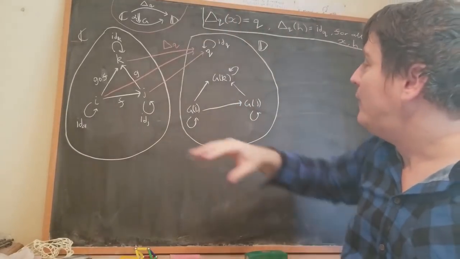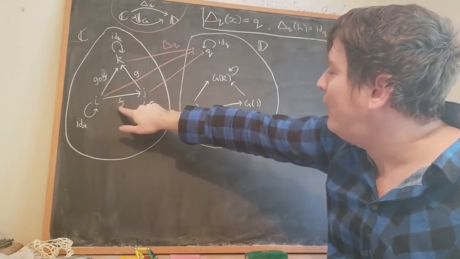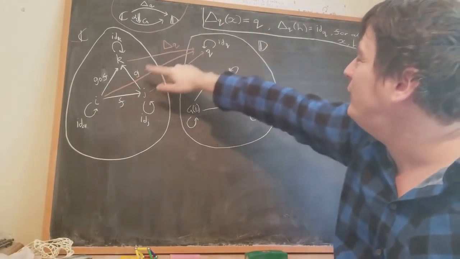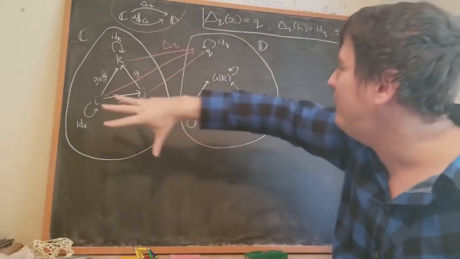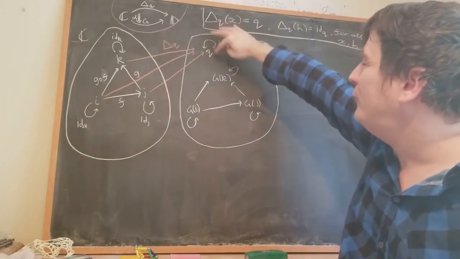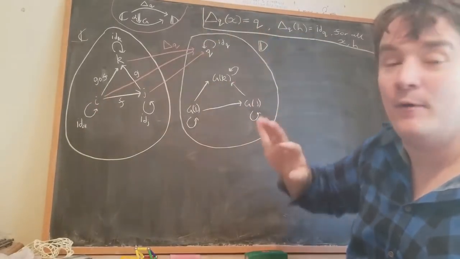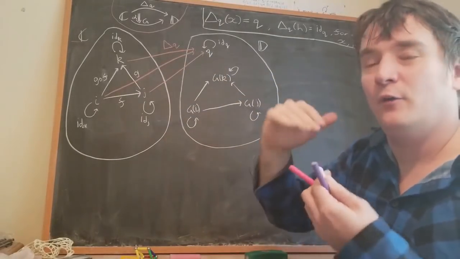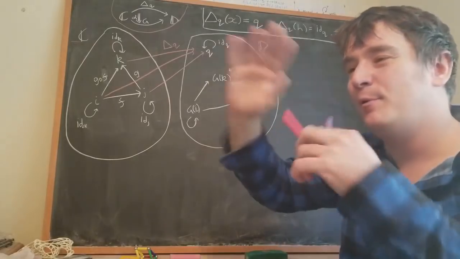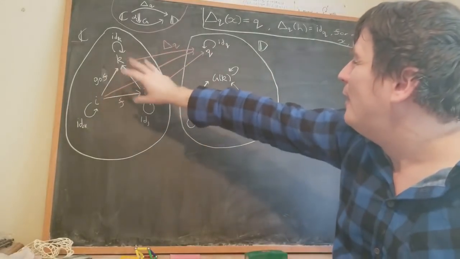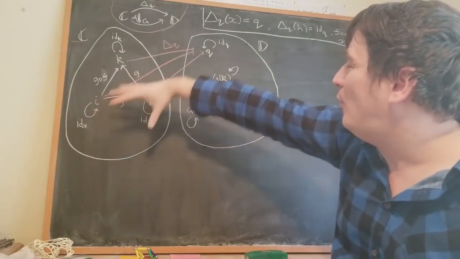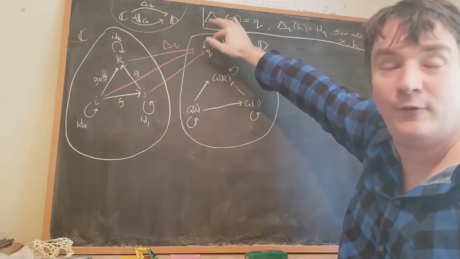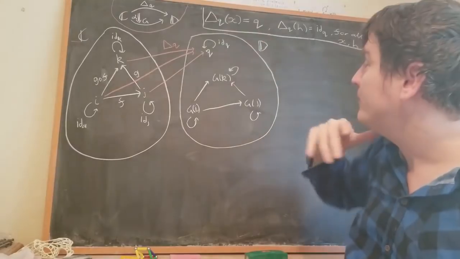It'll send this arrow F into ID_Q, this arrow D and G into ID_Q, and so on. Everything gets collapsed onto Q and its identity arrow under this constant functor, just like a constant function sends all of its inputs to a constant. This functor sends all of the structure of our category into the stuff around this single object Q.